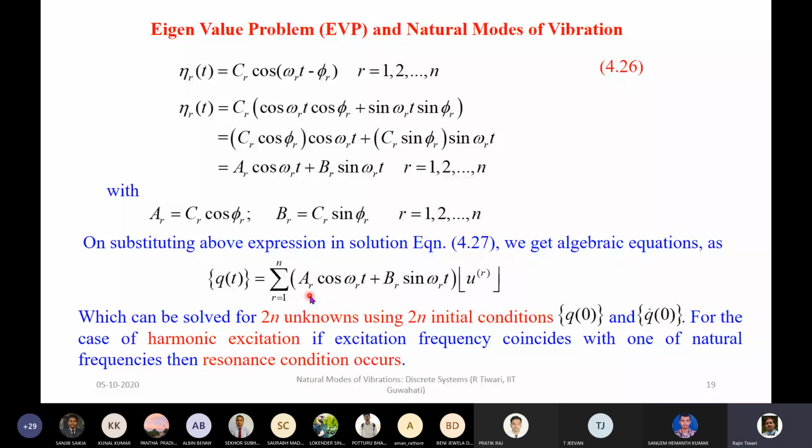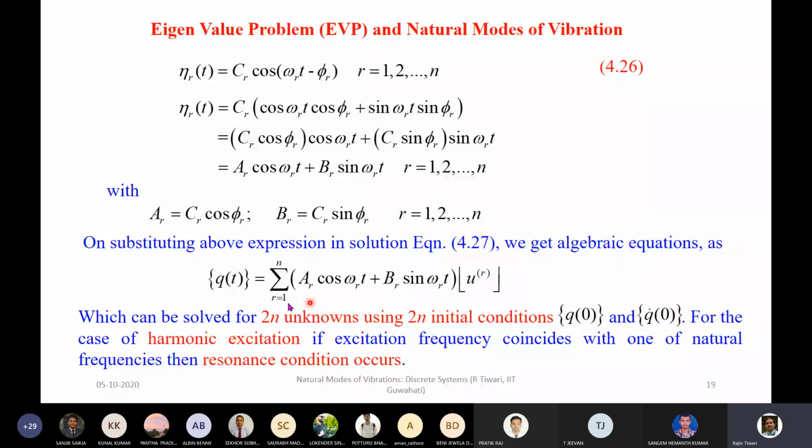Depending upon the initial condition, you can see the AR and BR values will have some definite values, and accordingly the contribution of the various modes will come into the actual response. It may happen that we are given an initial condition where only one of the modes is contributing, so the corresponding constants will be present, the others will be zero.